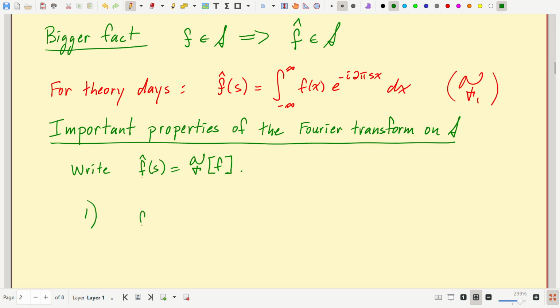If I take f and translate it, x plus h, then the Fourier transform takes it to e to the 2 pi i s h f hat of s.